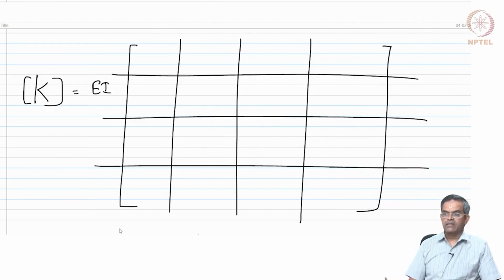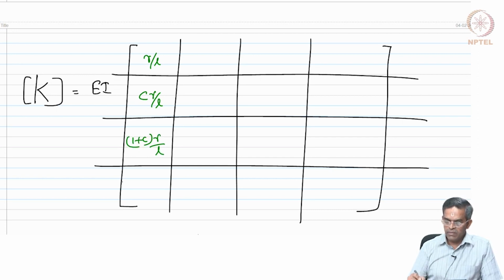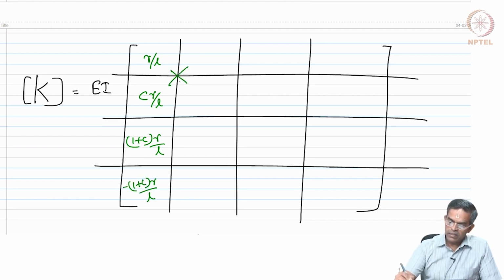So, let me write down this matrix. We already know this is R by L, this is C R by L, this is 1 plus C of R by L is minus of this. In the next column, I just interchange this.